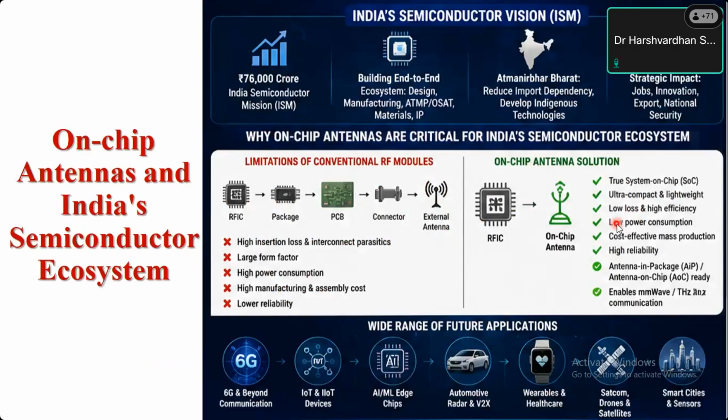So in that perspective, these on-chip antennas are very critical, right? Because the other things we are discussing, the LNA, VCO, all those things are already developed and kept inside the IC. So what is next? How can you go one step further?